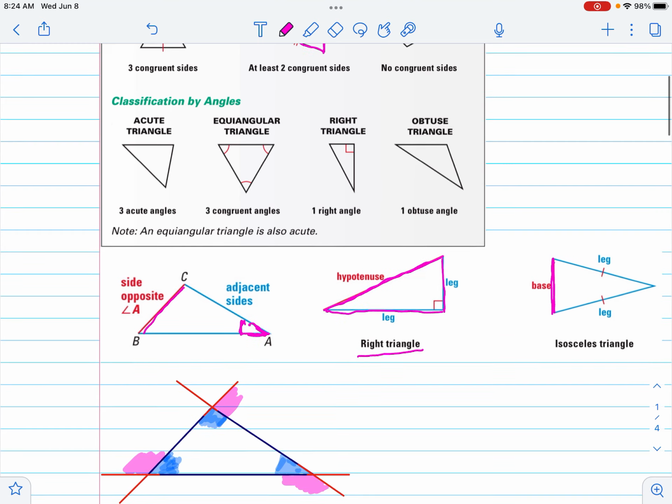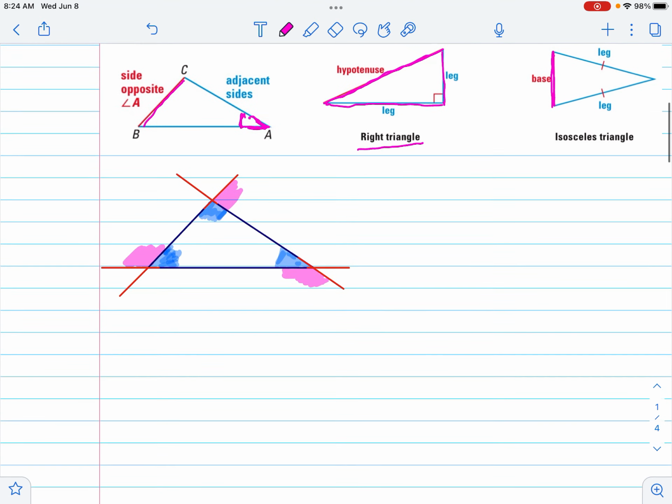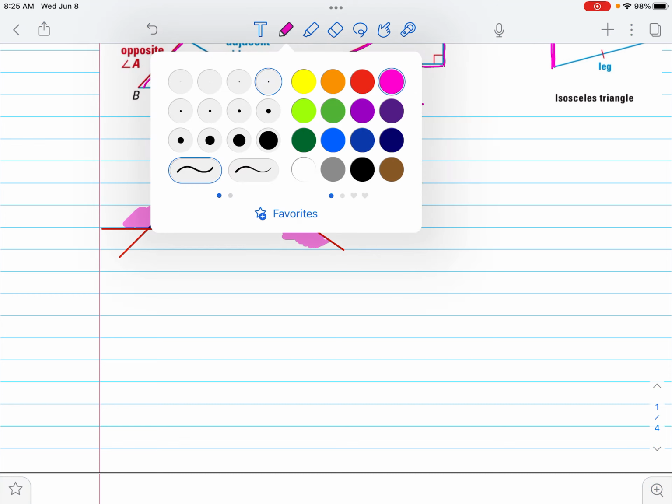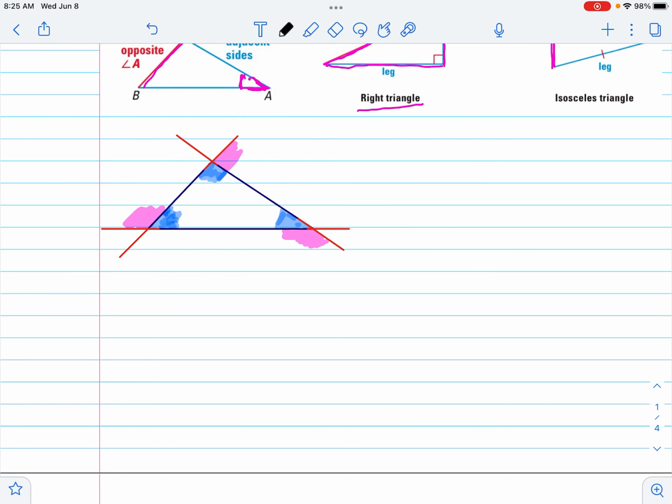Okay, I drew another triangle down here, and I want to point out some things to further define what's going on. Notice that in this triangle, I have the three angles inside the triangle in blue.